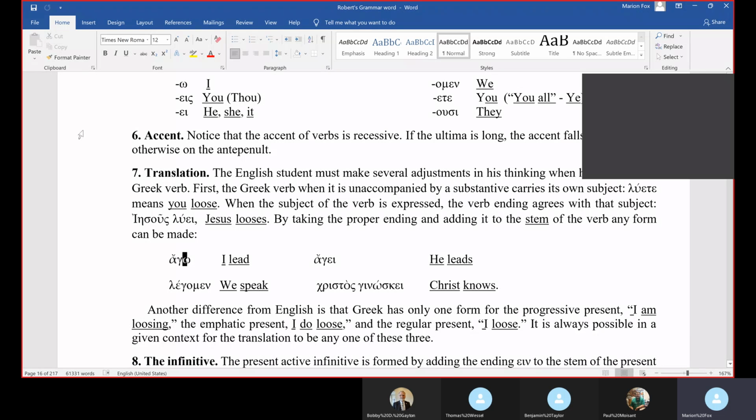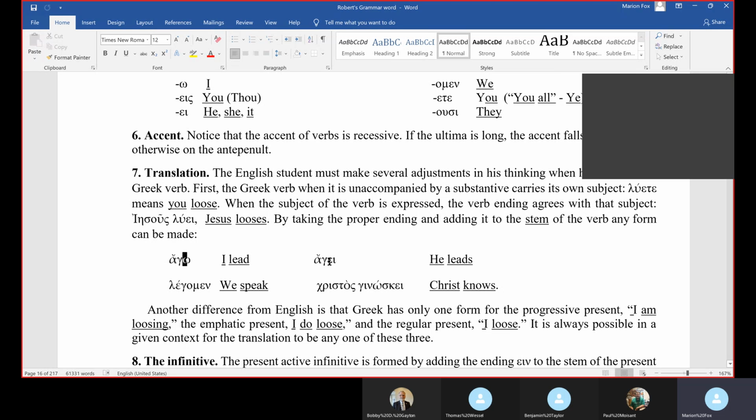So if we add that ace ending to it, we will change it to you singular lead, L-E-A-D. Or if we wanted to make it second person plural, we just add ete to it up here where my cursor is moving around. We drop the omega off and put ete, and that would make it second person plural. You all lead. Okay? And so we have other verbs that we would have here.